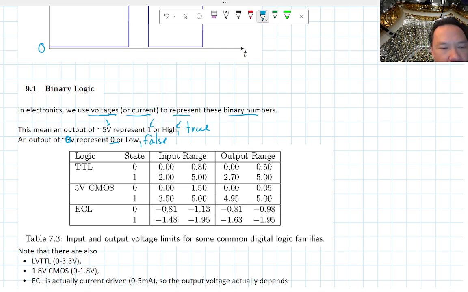So here is a little table. Most of the time in this class, we're going to be using TTL logic. If you want to represent 0 in binary, the range of inputs and outputs are here.